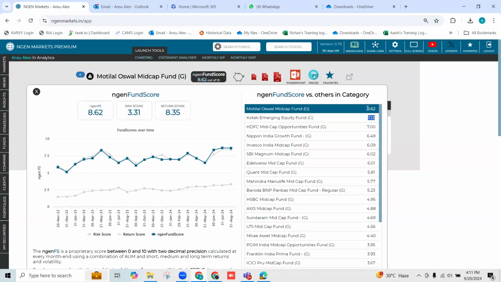Here the best performing fund happens to be Motilal Oswal Midcap Fund, the second best is Kotak Emerging, and additionally, HDFC Midcap remains the third best. Also, one more thing we could see is that this fund score is changed on a month-on-month basis.